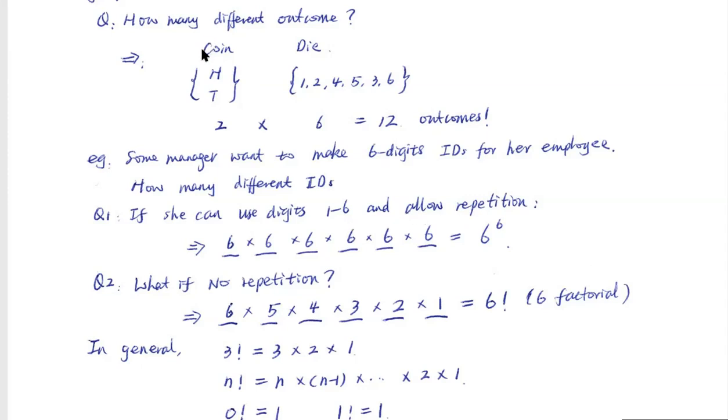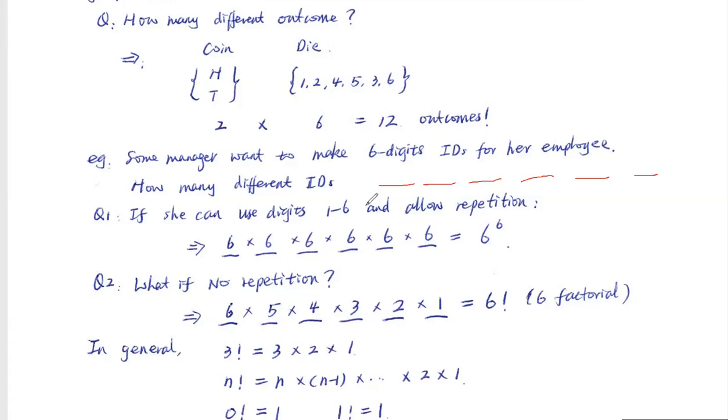What does that mean? Let's try to understand the question first. We are trying to make a 6 digit ID, so we have 6 positions, 1, 2, 3, 4, 5, 6.